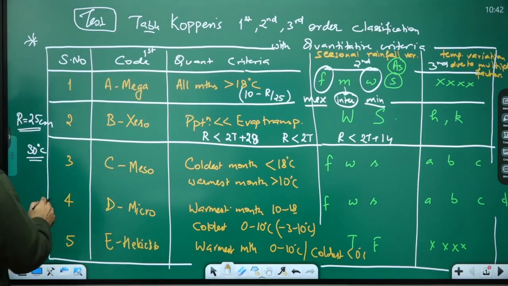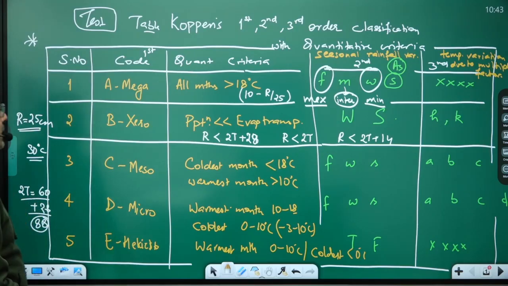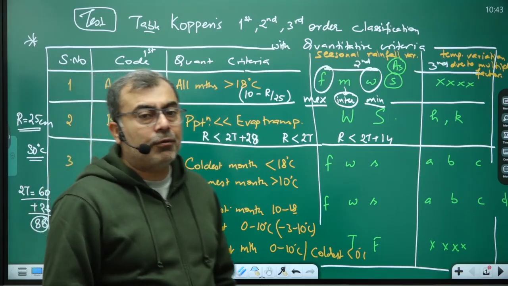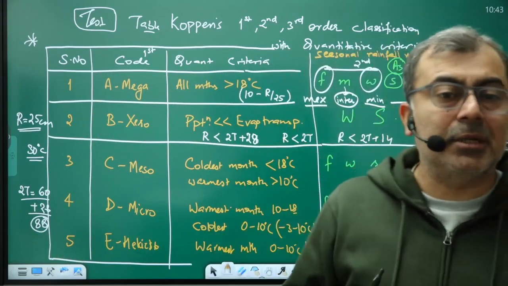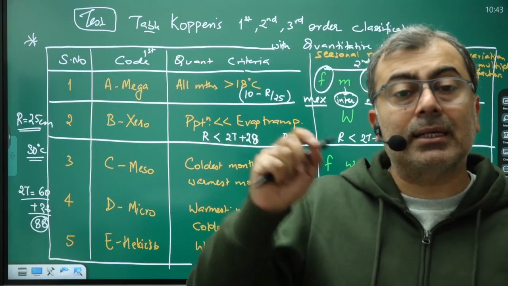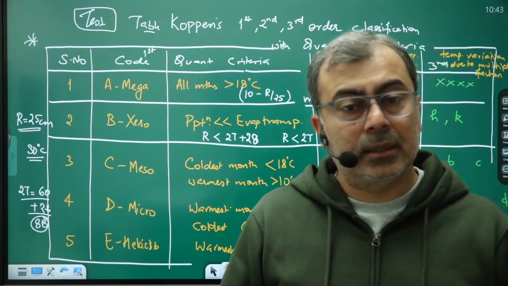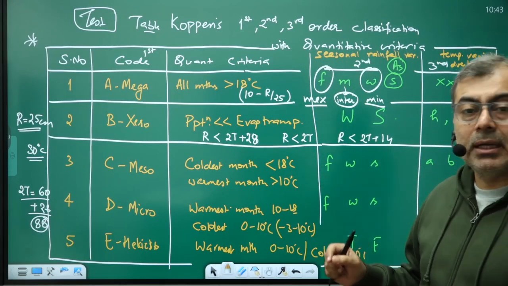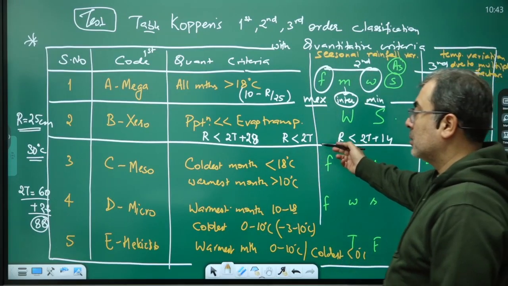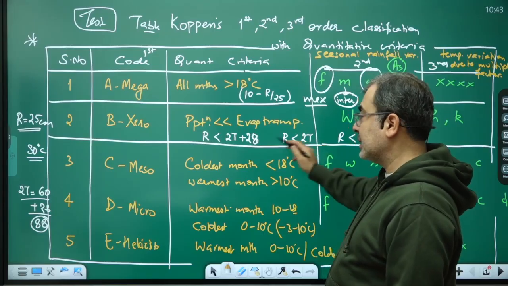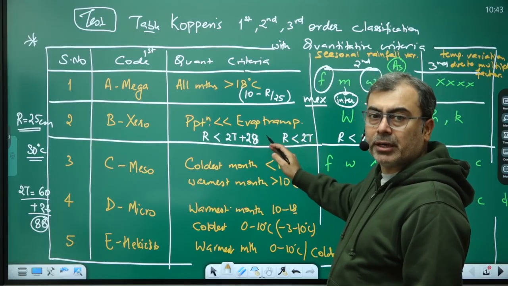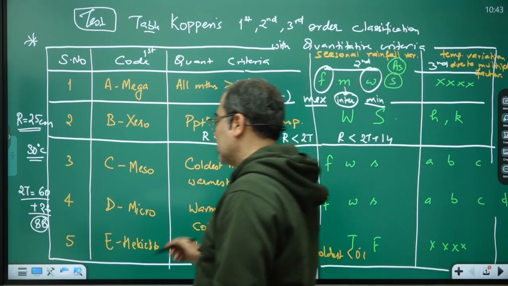So what is 2T? 2T is 60. Plus 28 means 88. If you are less than 88 centimeters, then you are on the driest side. Get that? If you are less than just 2T, 2T means 60, then you are moderately dry, and this is how he has done that.